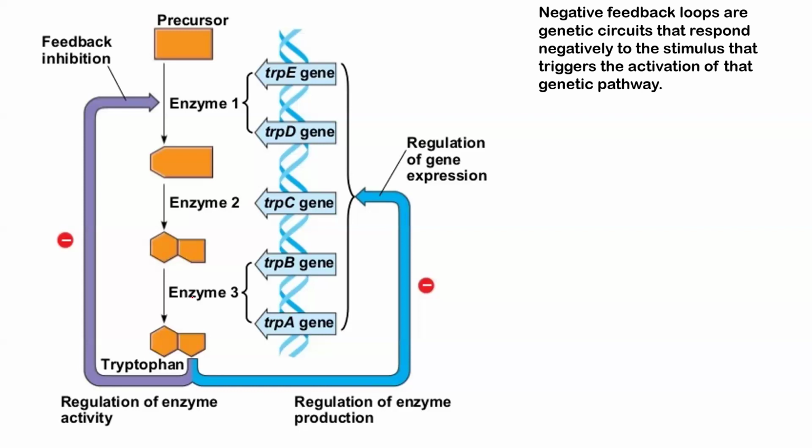So here again is the tryptophan negative feedback loop concept, right? Tryptophan allosterically inhibits enzyme 1, but it also binds to the transcription factor, which binds to the promoter. So if we think about it, here would be the promoter, here would be a regulatory region over here.